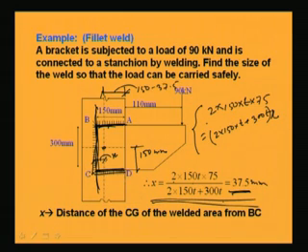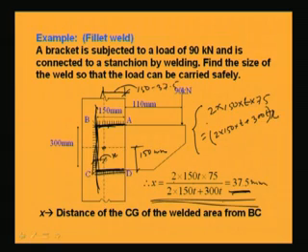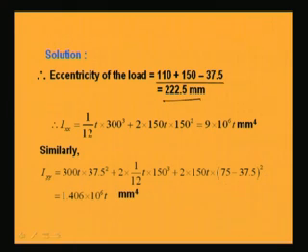So the eccentricity will be basically 110 plus 150 minus 37.5 millimeter. That will be the eccentricity which has to be used. Because this is 110 and this is 150 minus 37.5, after calculating we get the eccentricity as 222.5 millimeter.